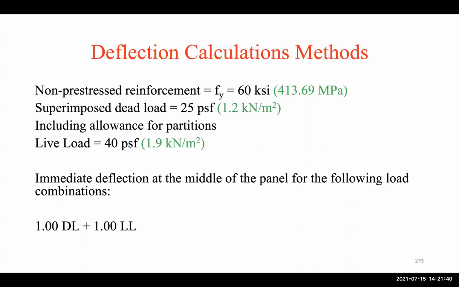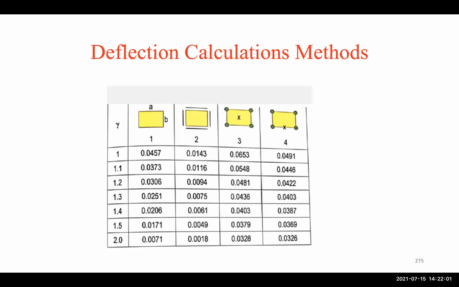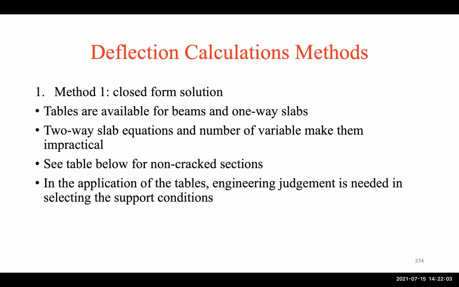For the immediate deflection, we calculate dead load plus live load. Then it goes method by method. I'll show you the results obtained using each method, and you can see the difference in the deflection calculations. Then we'll talk about PT slabs. But again, this is general for all concrete floors.